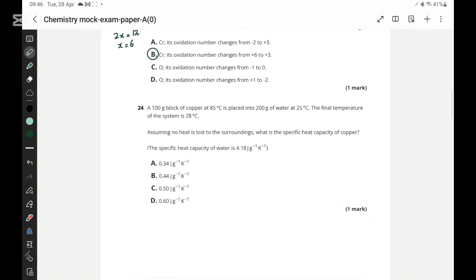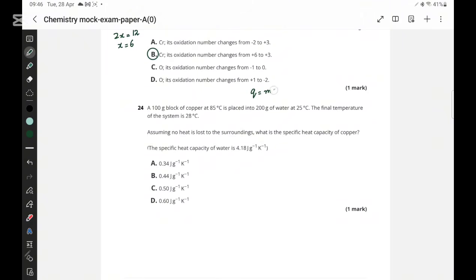So for the next question, a 100-gram block of copper at 85 degrees Celsius is placed into 200 grams of water at 25 degrees Celsius. The final temperature of the system is 28 degrees Celsius. Assuming no heat is lost to the surroundings, what is the specific heat capacity of copper? So first you need to find the heat transfer of water.